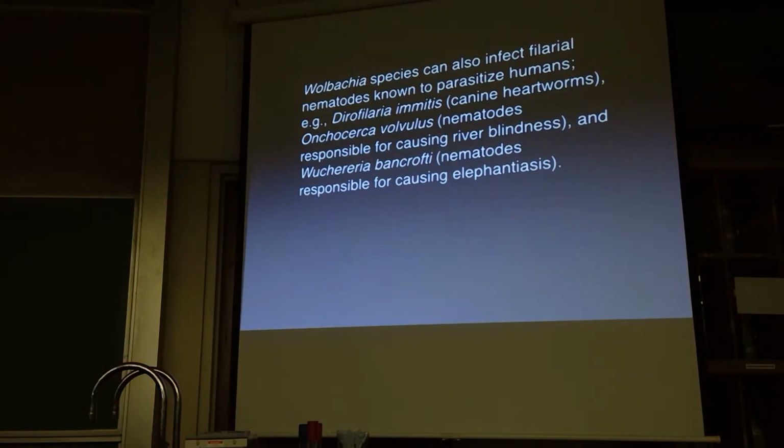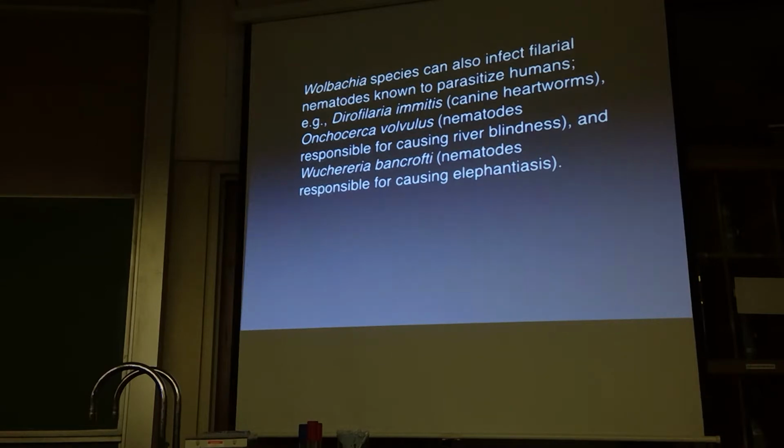These things infect various types of nematodes that are called filarial worms, and several of these are parasites of humans. So one, Dirofilaria immitis, actually this is the canine heartworm, so it's more likely to be a parasite of dogs, sometimes cats, but it can parasitize humans. Another one called Onchocerca volvulus, this is a parasite of humans that causes river blindness.